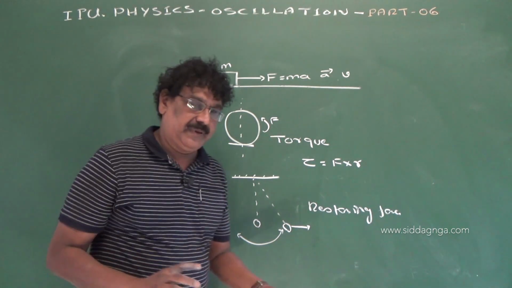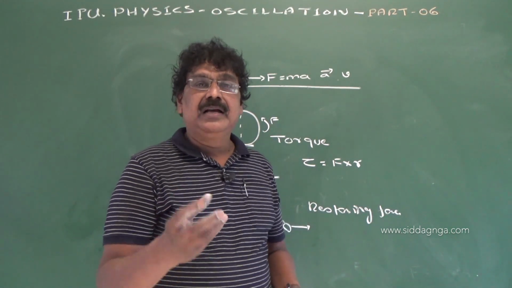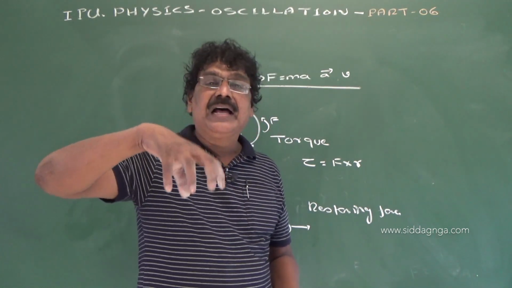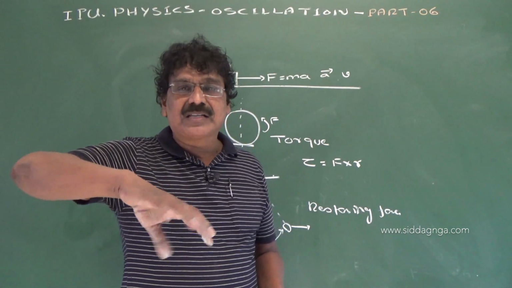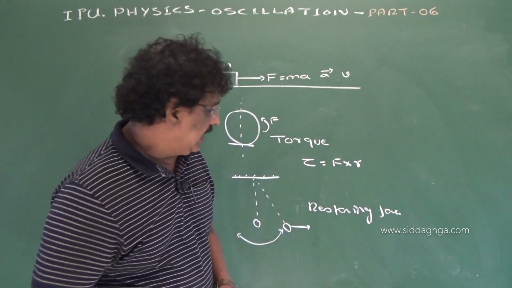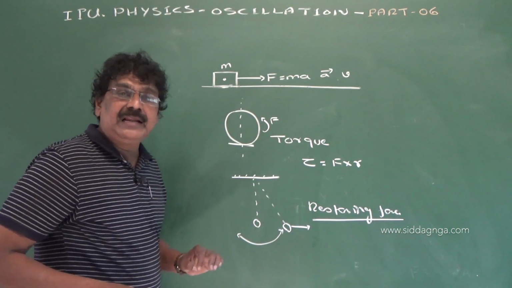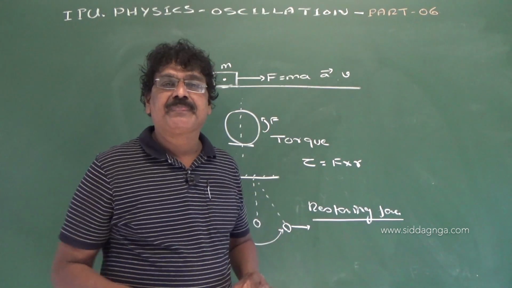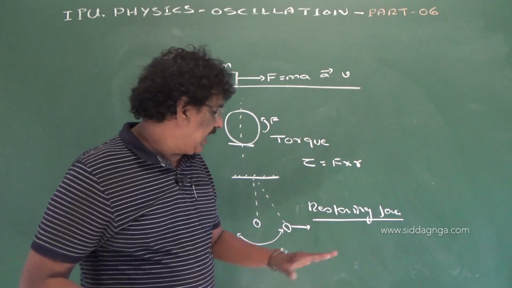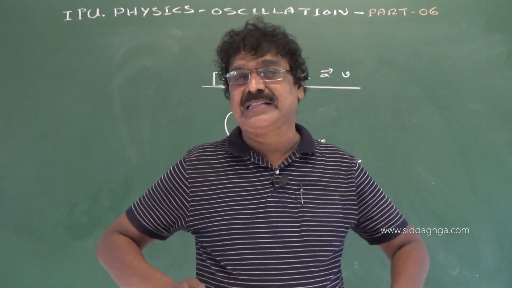So when you spin a top, the thing that causes rotational motion is a torque. Therefore, specifically the force that causes simple harmonic motion is a restoring force. In that way it is necessary.